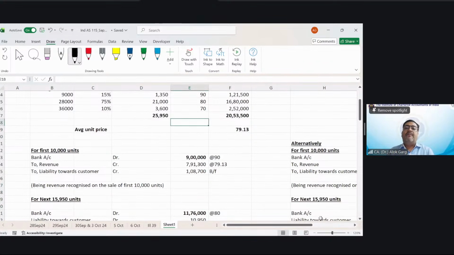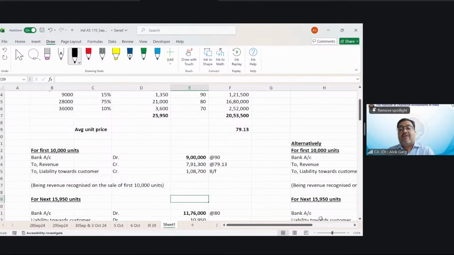Now, I have a probability that I will be able to sell only 25,950 units, for example. So for the next 15,950 units, what will be the price? The moment I cross 10,000 units, the applicable price is 80 rupee for the entire 25,950 units.